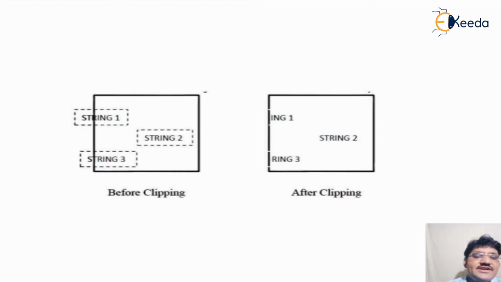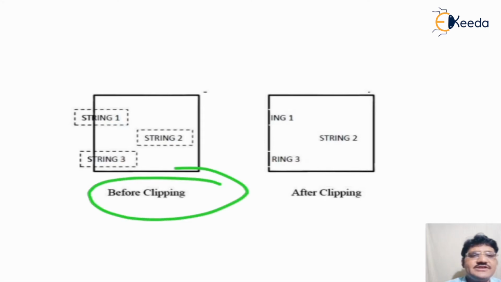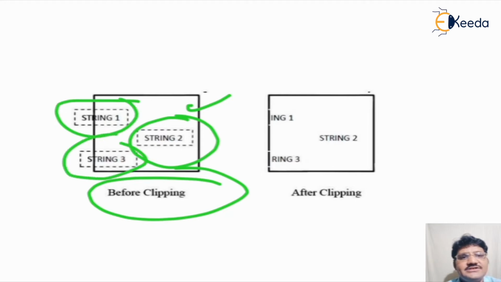In this diagram, before clipping, this is the problem. This is the clip window, and with respect to this clip window we want to clip strings 2, 1 and 3.